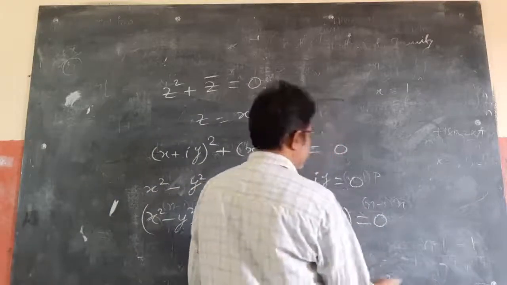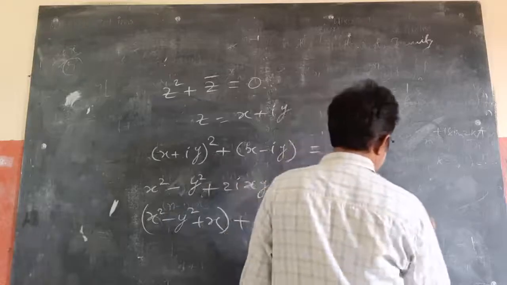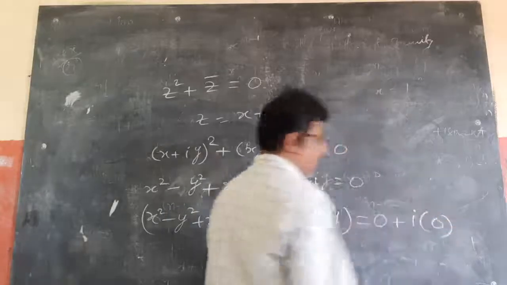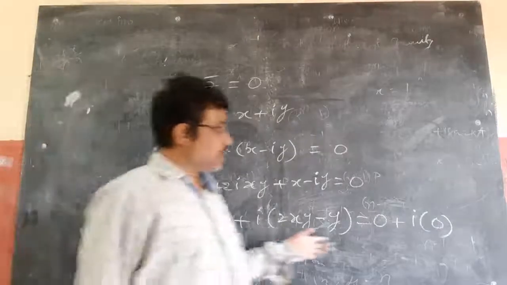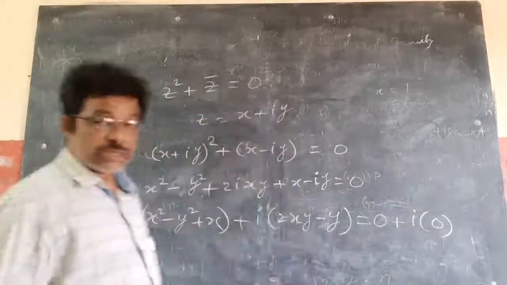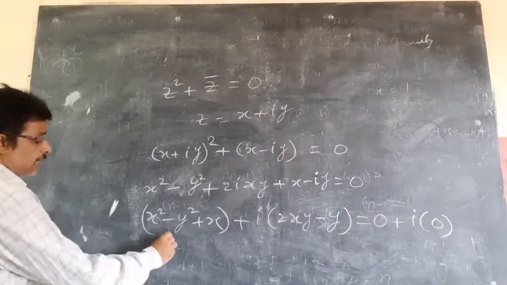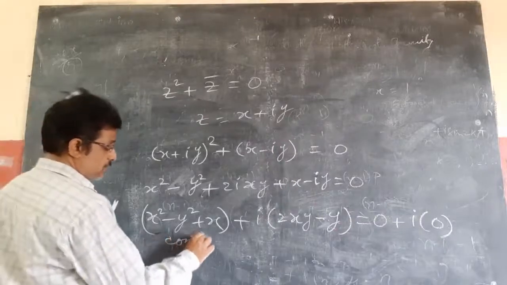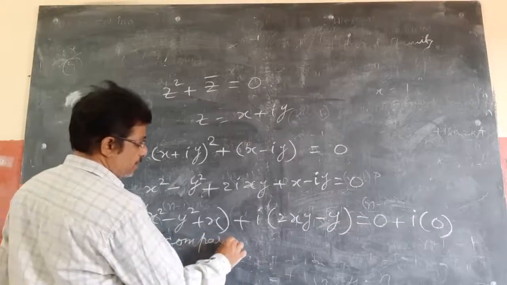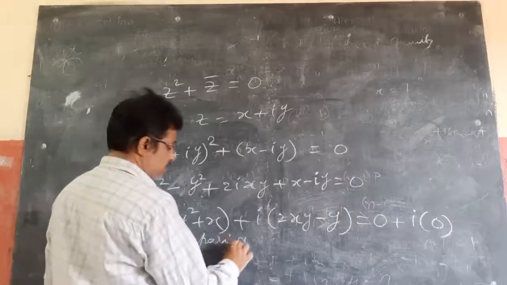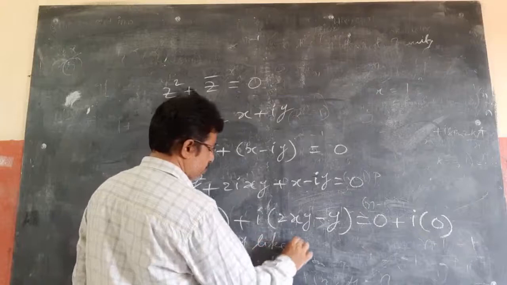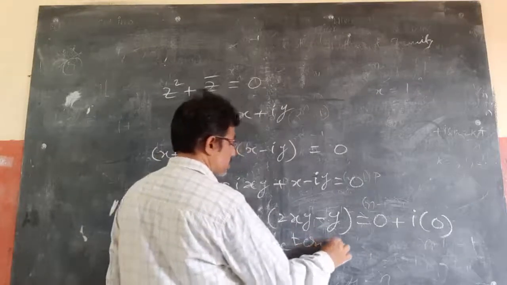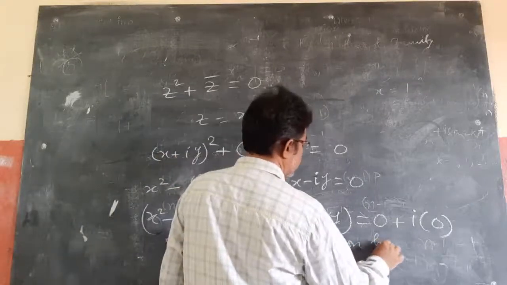Now this 0 I can write as 0 plus i into 0. Why I am writing this is, I am going for comparing like terms on both sides.